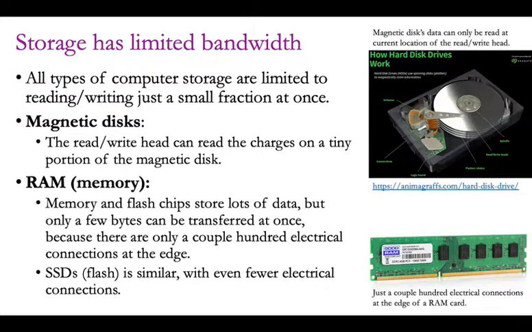So there's that mechanical action in 2 different dimensions required before reading, and at a given time, just a small fraction of the data on the disk is available to read because it's only the data that's underneath that tiny, razor-sharp read head. Most of the data is not accessible.